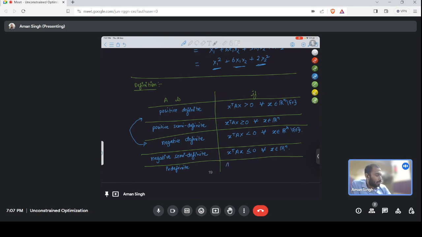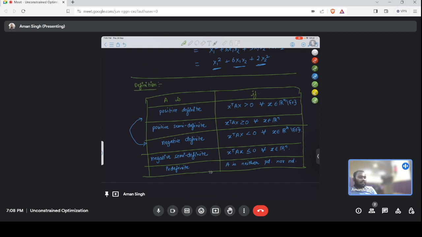So A is neither positive definite nor negative definite. Then it's called indefinite. So these are the definitions.